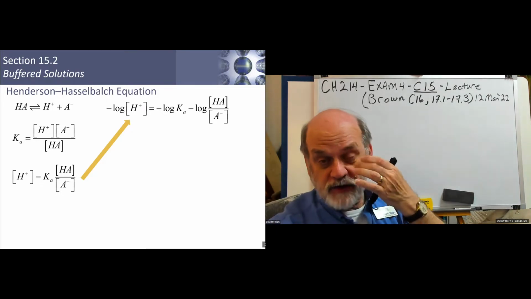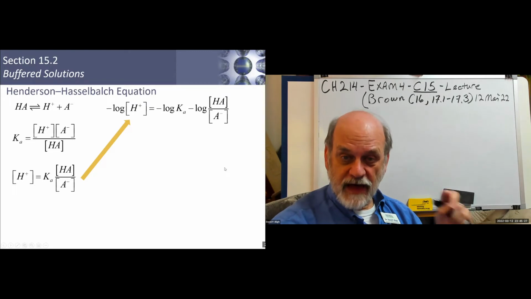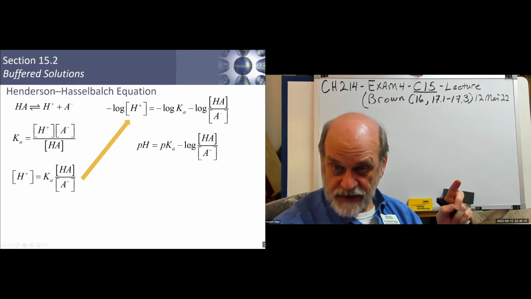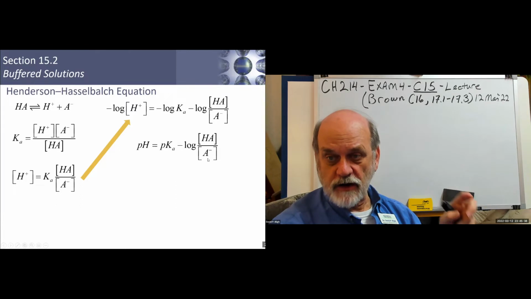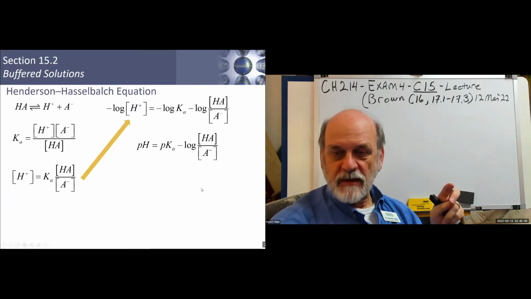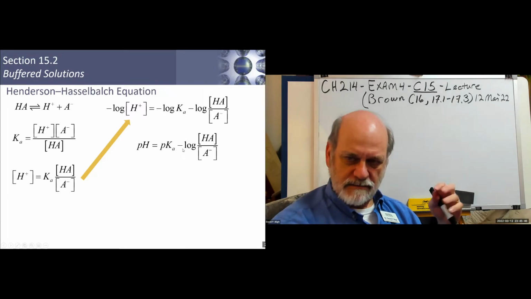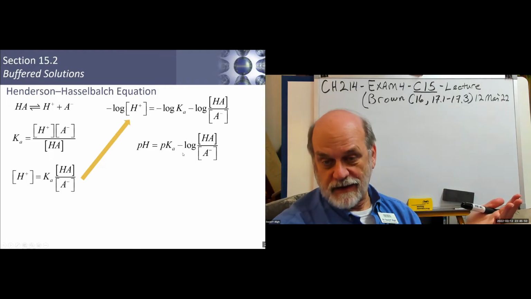So what Hasselbalch did was he only generated the p's for the hydrogen ions and the K's. So we got this: pH equals pKa minus the log of acid divided by the conjugate base. But at least Hasselbalch didn't like this negative in there.